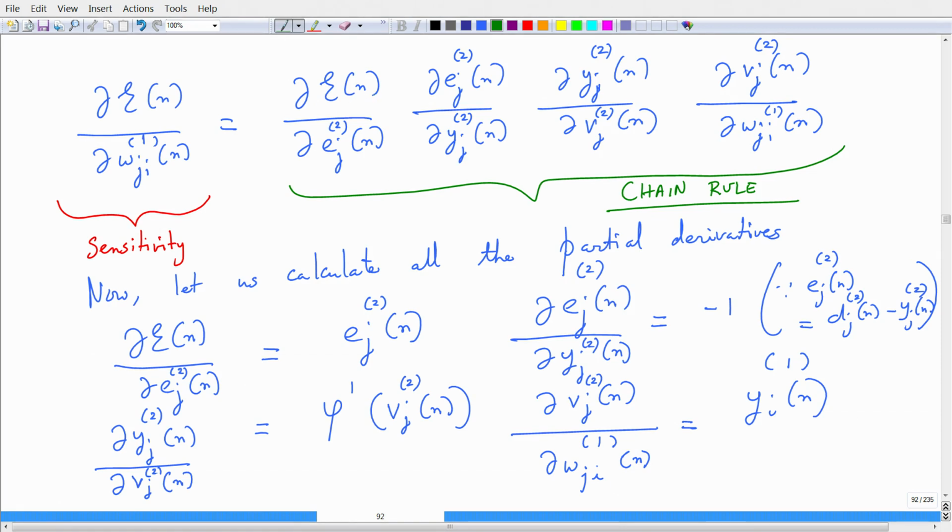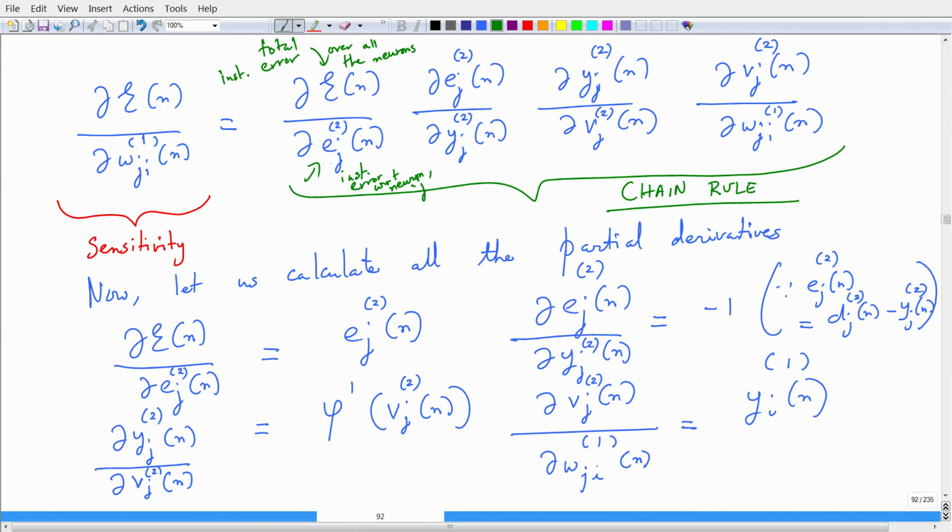So, it is d error with respect to the, this is the sum error, which is the total error over all the neurons, and you take the partial derivative of this total error, I would say instantaneous error, with respect to the instantaneous error of neuron j, right, and then we take the partial derivative of the instantaneous error of this neuron j with respect to the functional signal in the output layer for this neuron j.